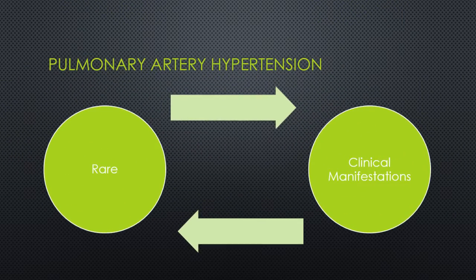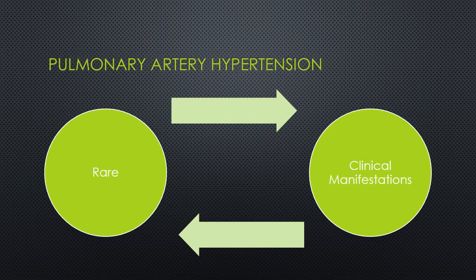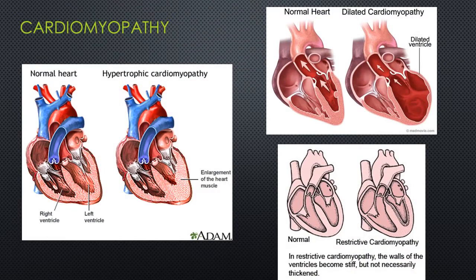Okay, pulmonary artery hypertension, a group of rare disorders that result in an elevation of pulmonary artery pressure. Clinical manifestations can include dyspnea with exercise, chest pain, and syncope. Cardiomyopathy, abnormalities of the myocardium, in which the ability of the muscle to contract is impaired. Possible causes can be genetics, infection, deficiency states, metabolic abnormalities, collagen vascular disease.